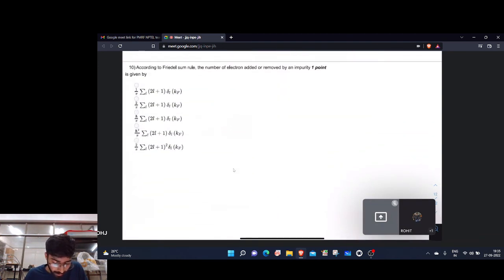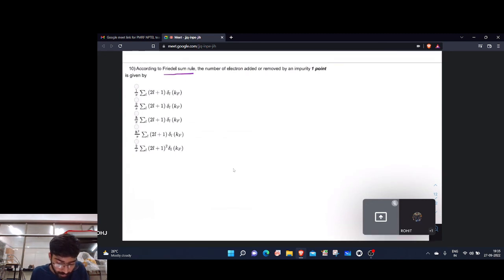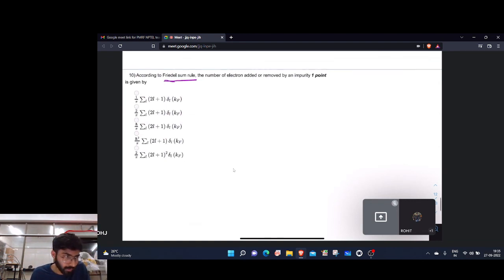And finally we have question number 10, which says that according to the Friedel sum rule, the number of electrons added or removed by an impurity is given by which of the following options.